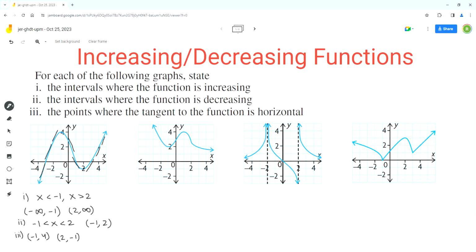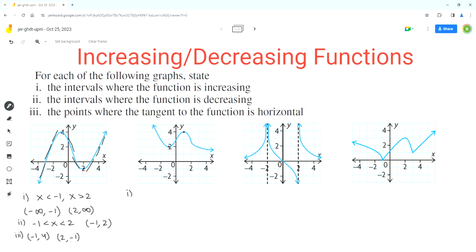So now we can analyze the second graph. We'll answer the first question, the intervals where the function is increasing. That means we have to identify the interval in which the tangent to the curve has a positive slope. And that's the arm from x equals -1 to x equals 1.